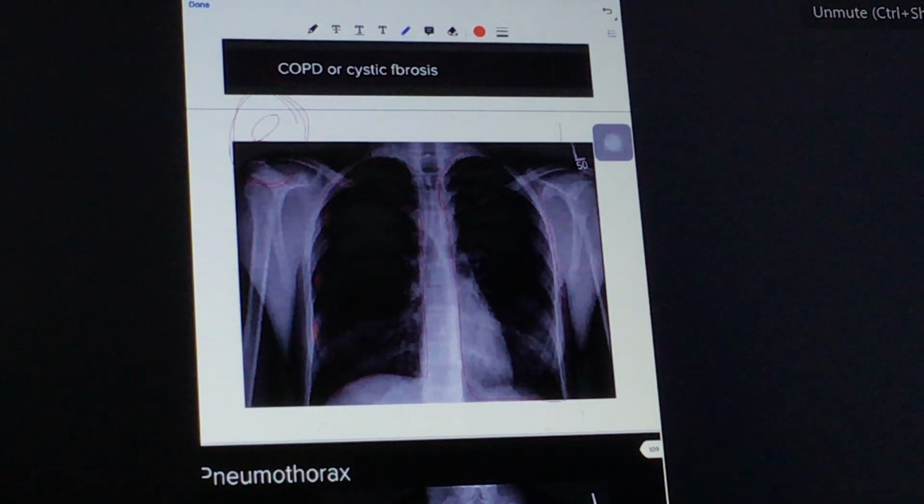So I will remove my drawing so you can see the parenchyma of the right lung. Here is the lung parenchyma. See, it's only up to this side. And this area is the air. So this is pneumothorax.